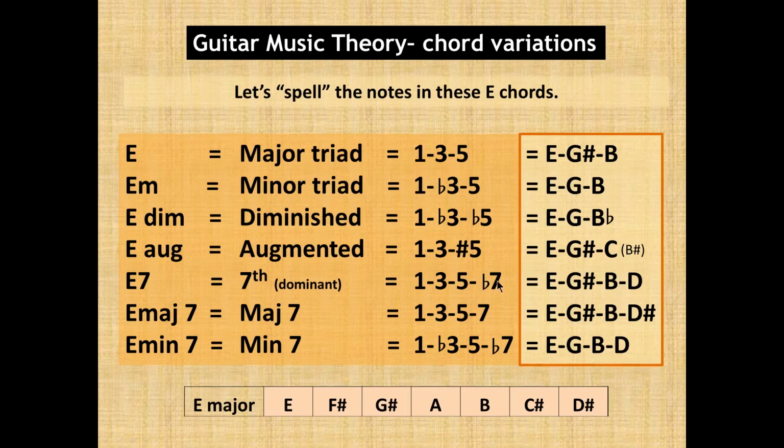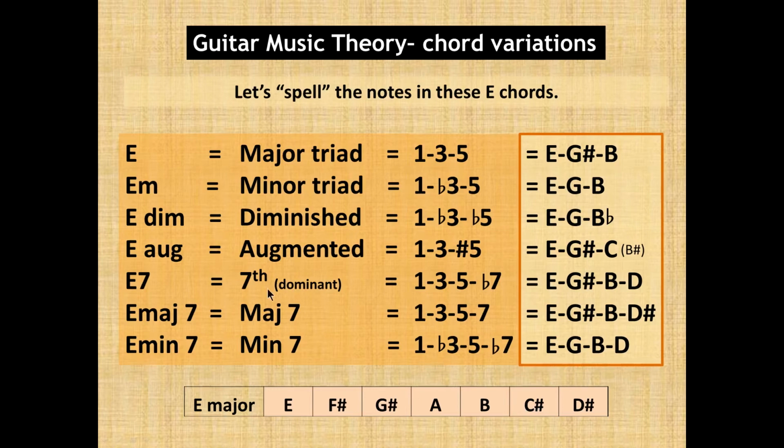And so this chord will look just like E major, but we add the flatted seventh. In the case of the E major scale, the seventh is D sharp. So when I flat it, it becomes a D. Okay, so the spelling of E7 is no mystery. It follows a formula, and you can map it out yourself by just looking at the major scale.